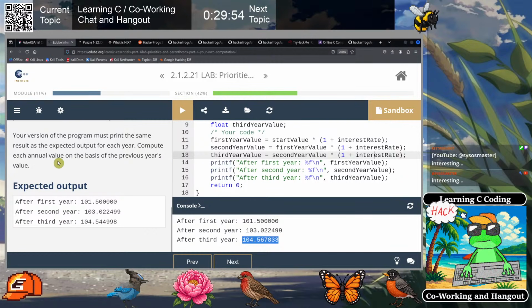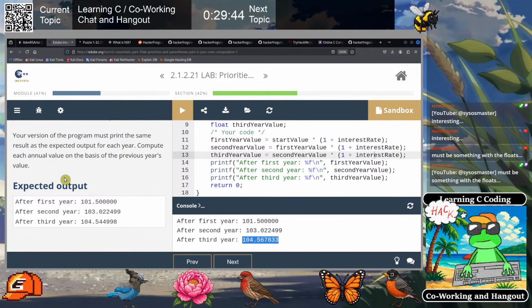Compute each annual value on the basis of the previous year's value. Must be something to do with the floats. The floats are accurate to 6 decimal places here.